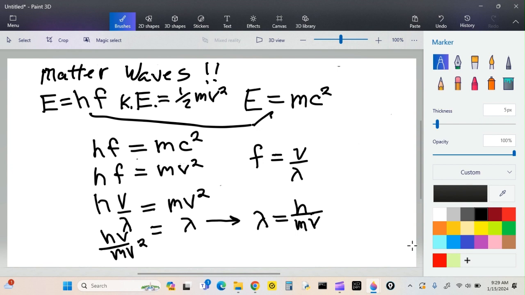Let's see if there's anything else in there. There is a frequency, and this is the wavelength. So this relationship is a big deal.